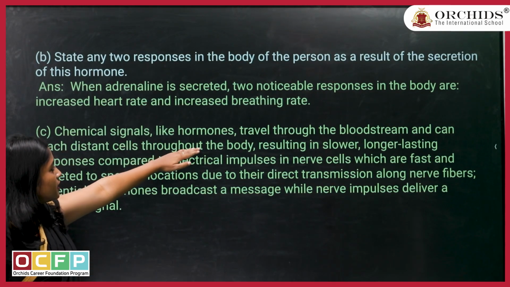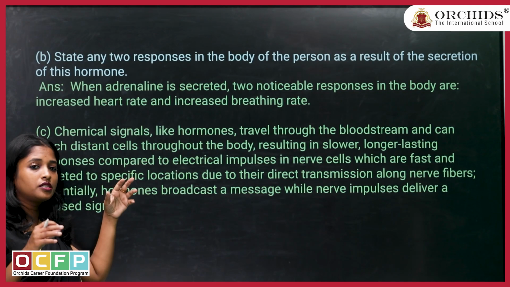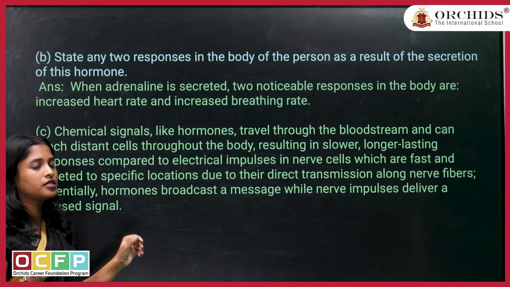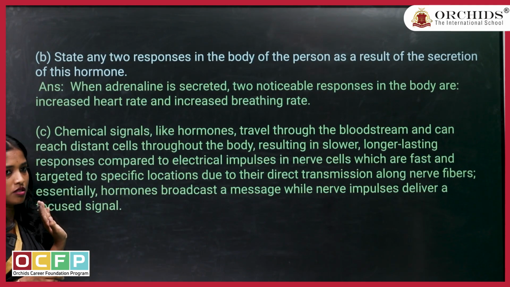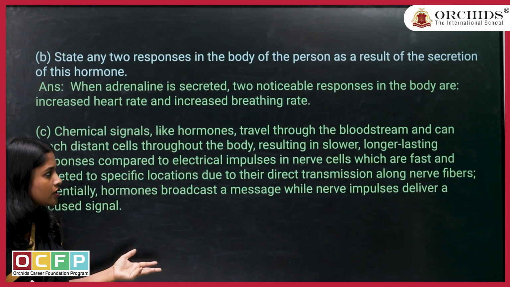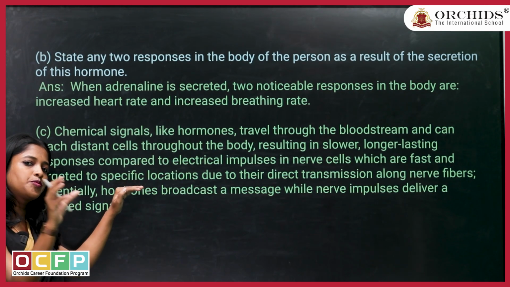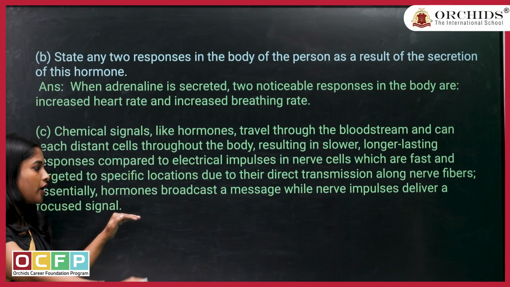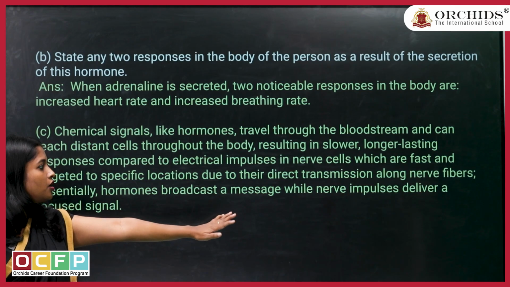So chemical signals like hormones travel through the bloodstream and can reach distances throughout the body, resulting in slower and long lasting responses. Whereas the electrical impulse in the nerve cells is faster, and they target a specific site, specific locations, due to their direct transmission to that particular location.